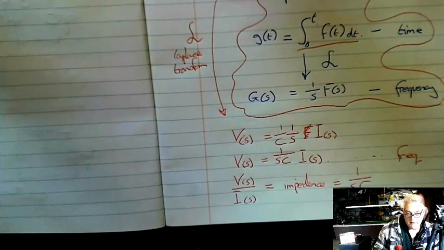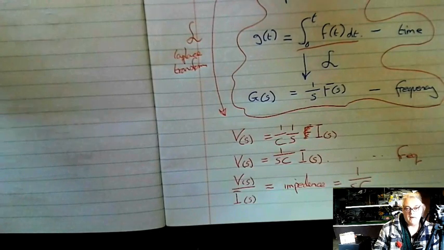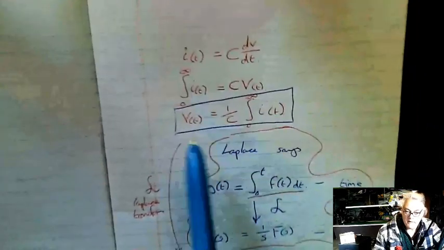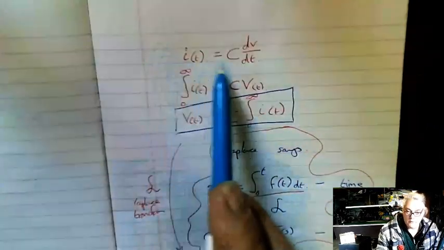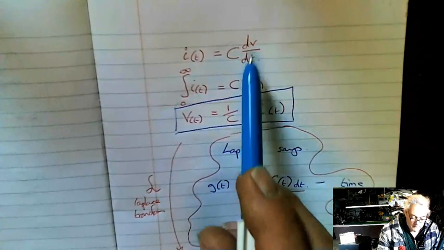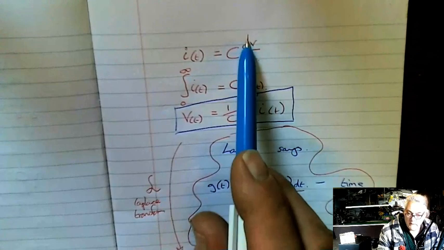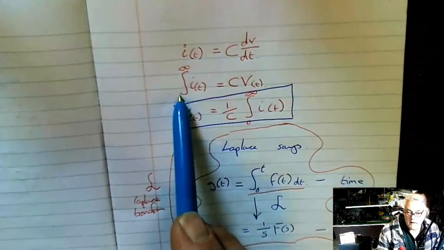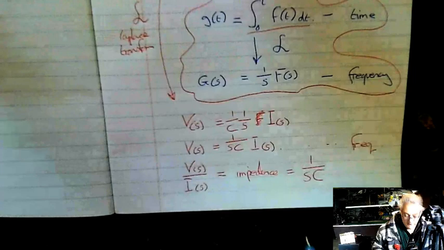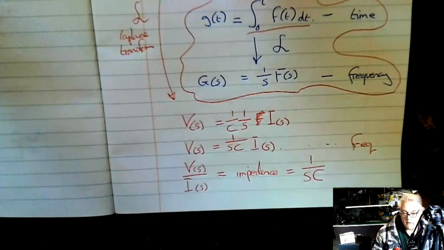So everywhere I see a capacitor, I replace it with 1 upon SC, and then I can use it algebraically rather than having to replace every capacitor with some form or variant of this, which is going to be extremely difficult to manipulate because it has a differential and it'll have an integral sign contained in it. Now I've got something which isn't calculus, it's algebraic. Okay, I'll let you digest that for a while.